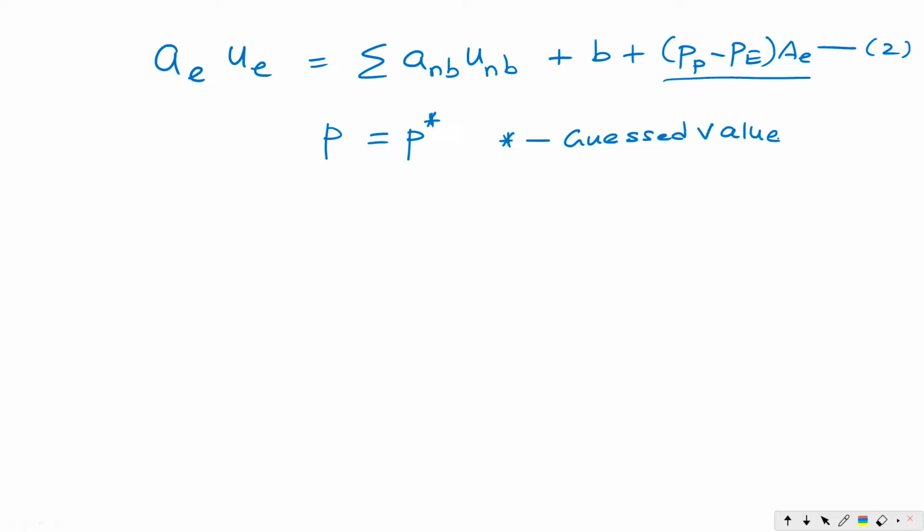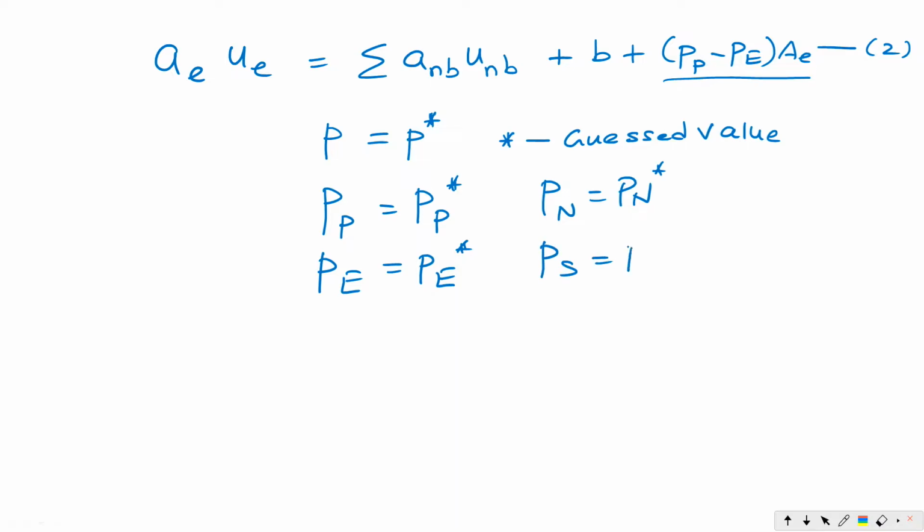Now P will become PP star. Why? Because I do not know PP, so I am going to guess the value of PP, so it is called PP star. Similarly, PE will become PE star. P north will become P north star. I hope you got it.